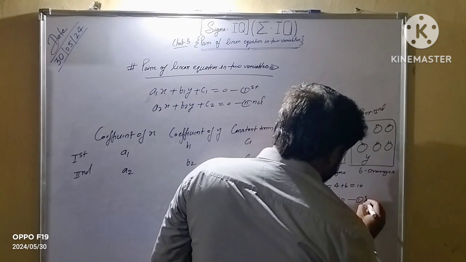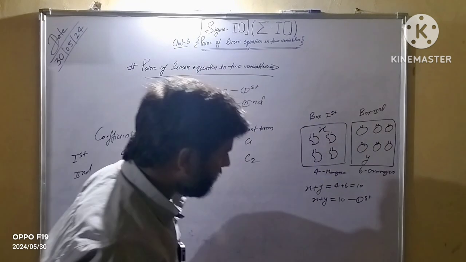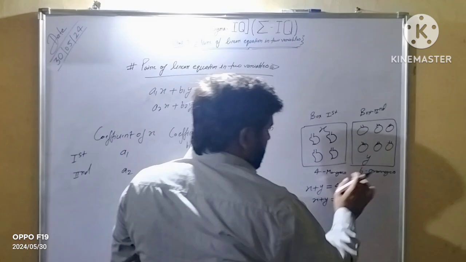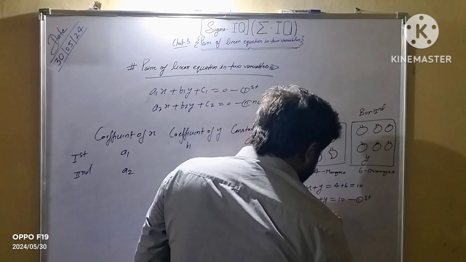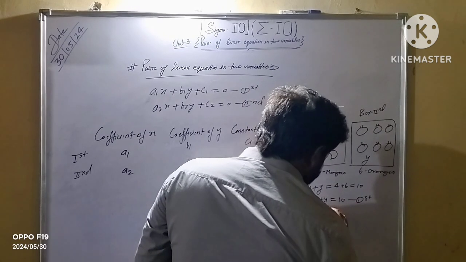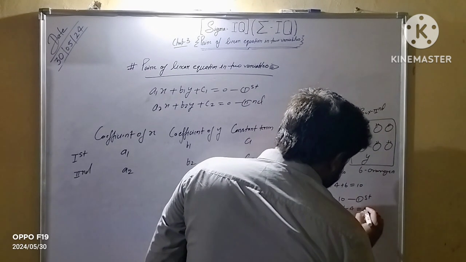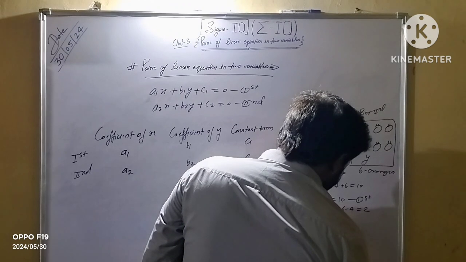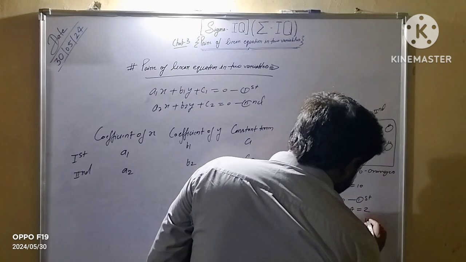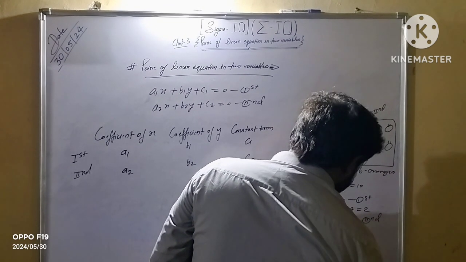Equation number first. Number of oranges y minus number of mangoes x equal to 6 minus 4 equal to 2. y minus x equal to 2. Equation number second.